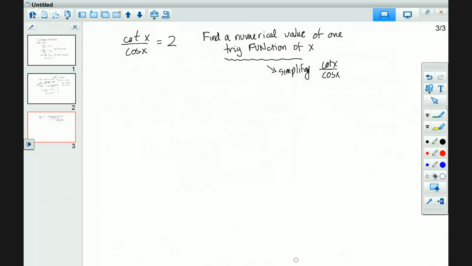Cotangent is cosine over sine. You're going to get really good at this and probably be able to do it. I'm going to make that a fraction just so it's easier to see. Sometimes this is a good thing to do.